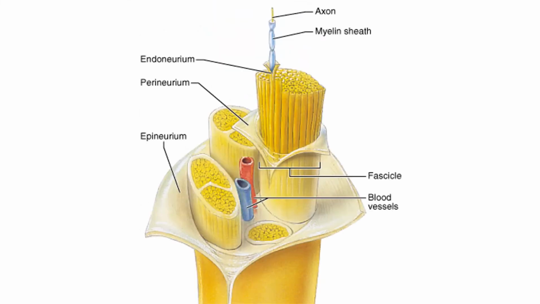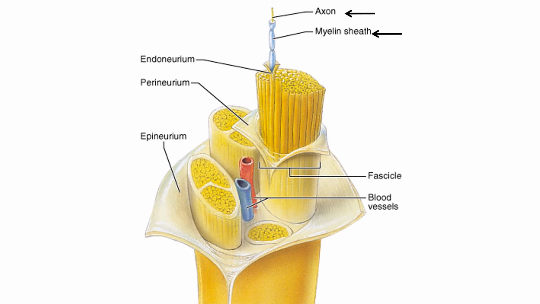Peripheral nerves are the spinal nerves coming out from the spinal cord. They are made of axons, no dendrites, and they're arranged in a way just like the muscle. Here we have an axon. It has a myelin sheath.